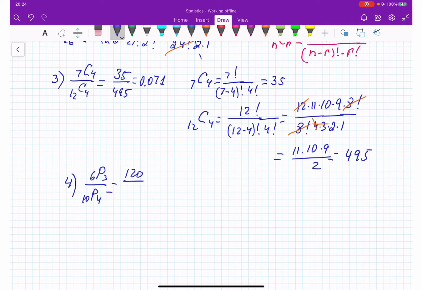And at the bottom one, we have n is 10 and r is 4. So permutation is going to be 5040. So 120 divided by 5040 is 0.0238.